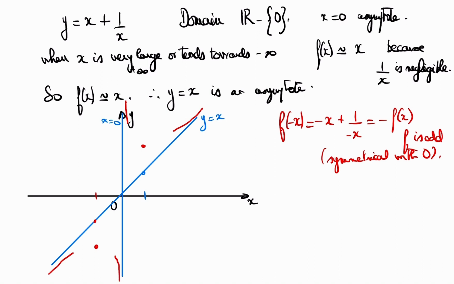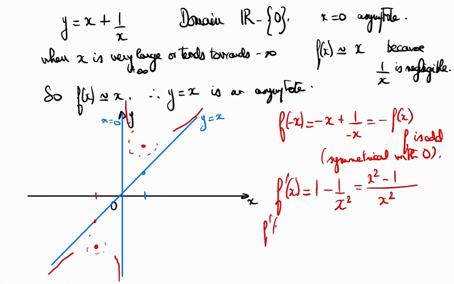So there must be a local maximum here somewhere, and a local minimum here. Okay, what are these extremums? We need to find the derivative. f prime of x is equal to 1 minus 1 over x squared, which is the same as x squared minus 1 over x squared.